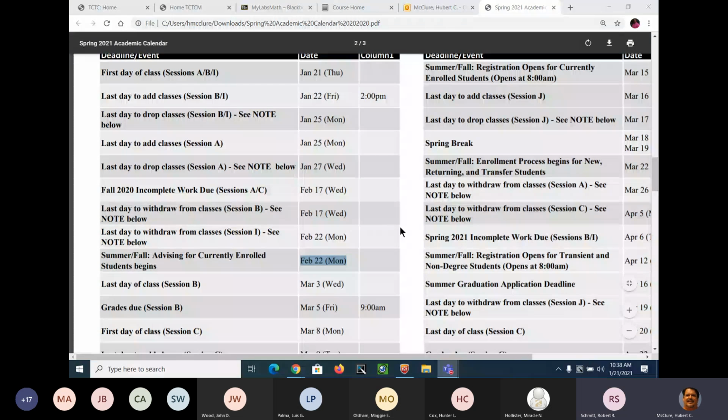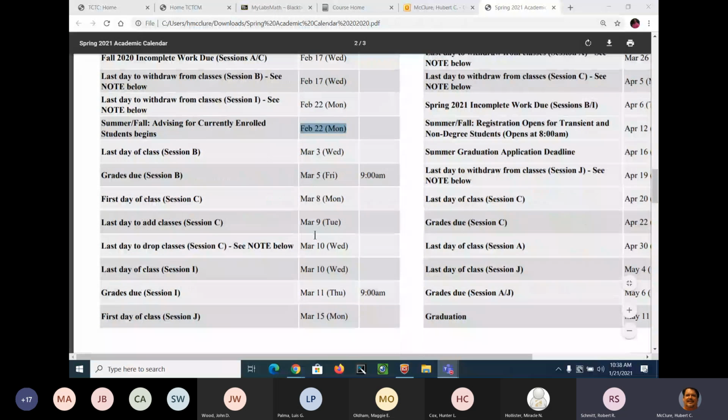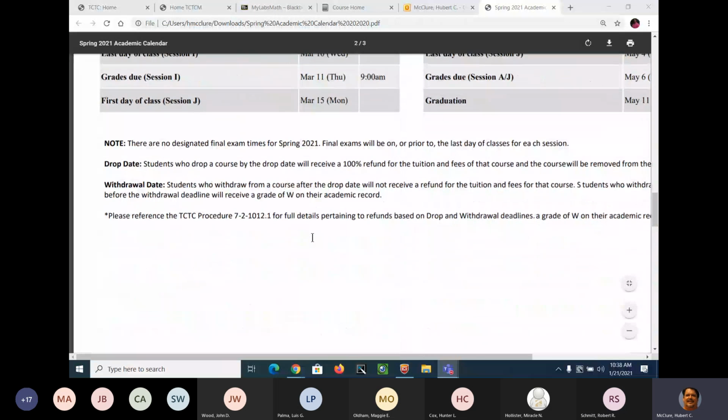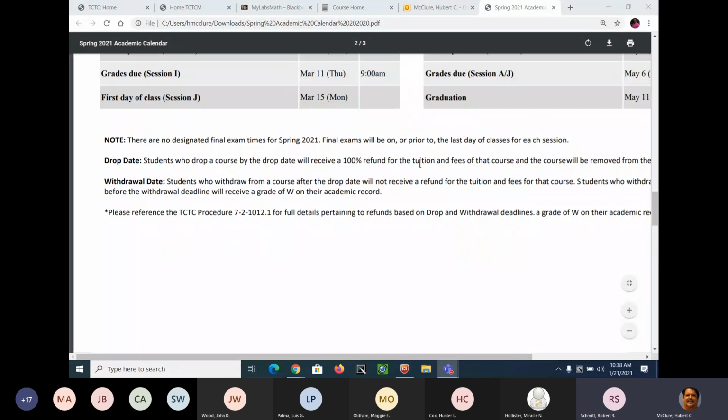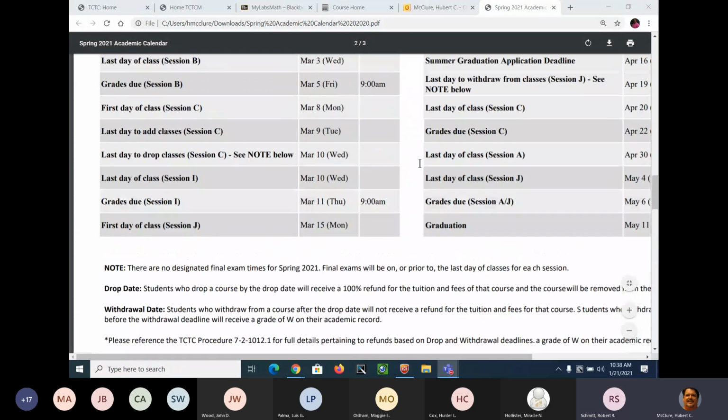Students who withdraw from a course after the drop date will not receive a refund of tuition. Students who withdraw before the withdrawal date will receive a grade of W. So after that date, you're going to get a bad grade, usually.